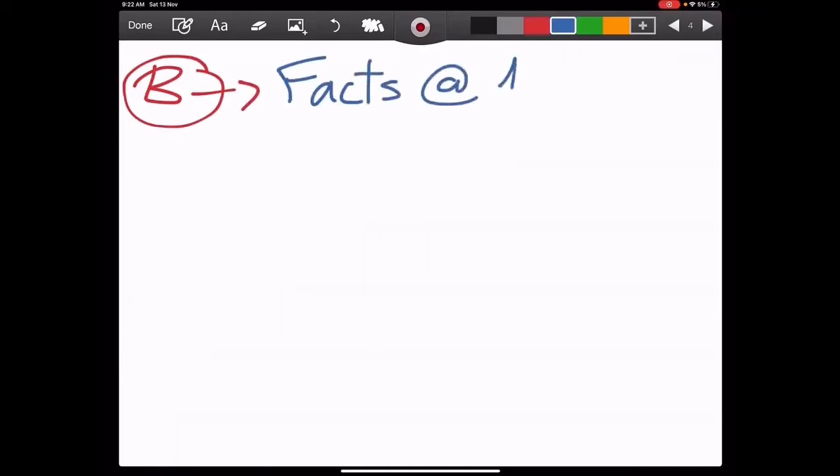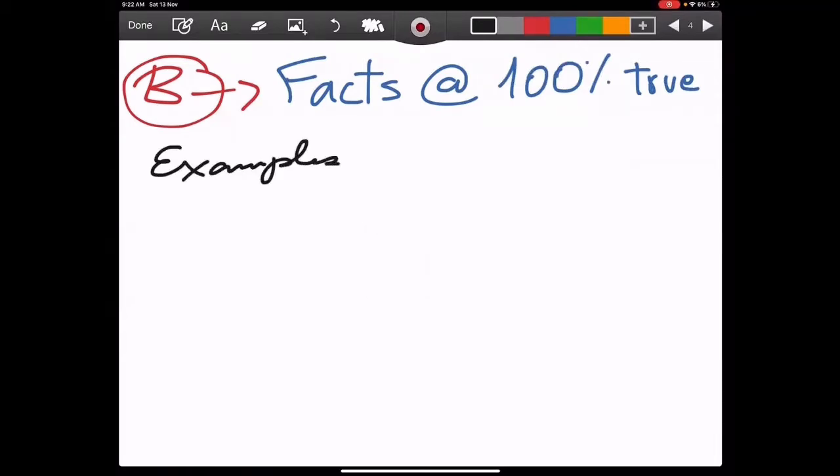Facts or things that are 100% true. Let's choose a subject in plural for this first example. Two countries, Peru and maybe USA. Okay, so we've got Peru and USA from the same continent.